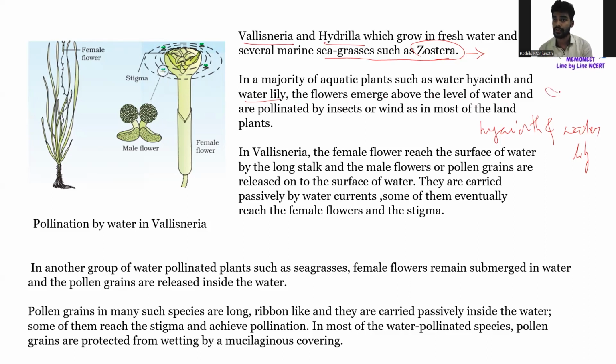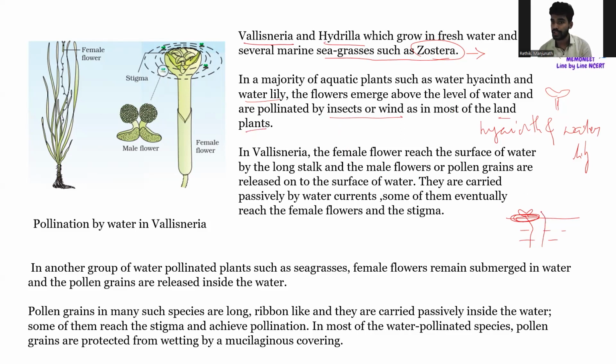Okay, so basically what happens? The female flower normally emerges out from the water. For example, if this is the water, the female flower emerges above the level of water, and they are mostly pollinated by insects or wind, just like how it happens in land plants.